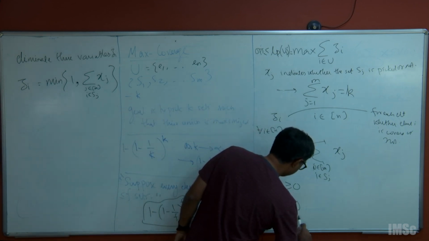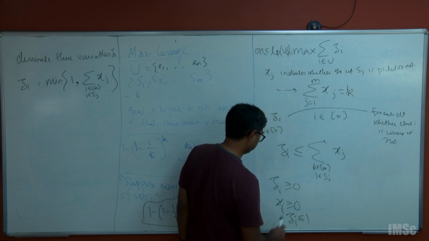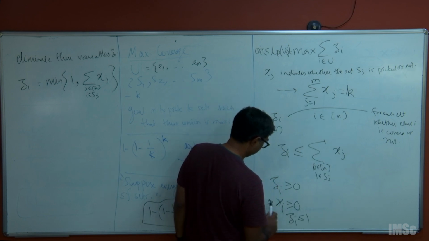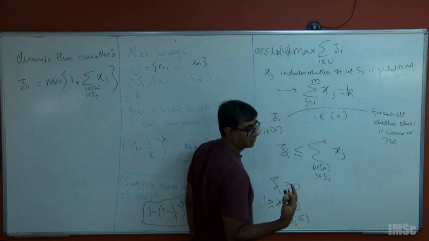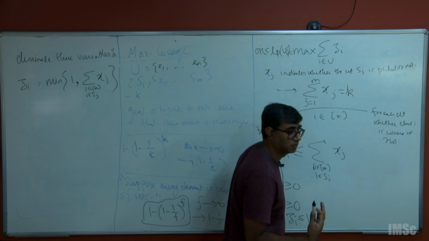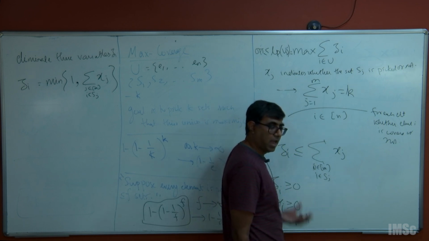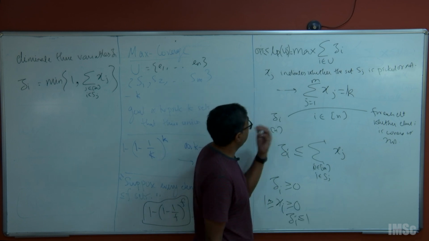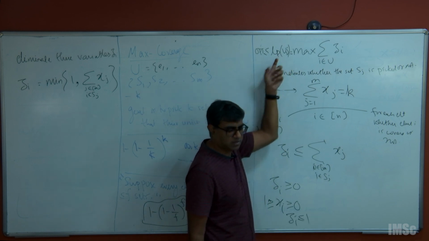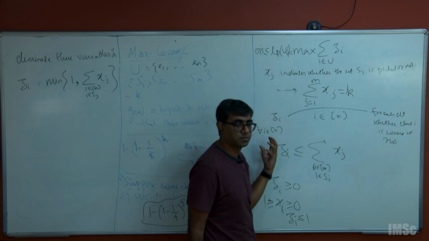So these two LPs are exactly the same. If I wanted to do this, as all of you are saying, you make Zi at most 1, you can also make xi at most 1, and it wouldn't change anything. But there should be a reason to do this. Even if I put this constraint, it is still good enough for my purposes.